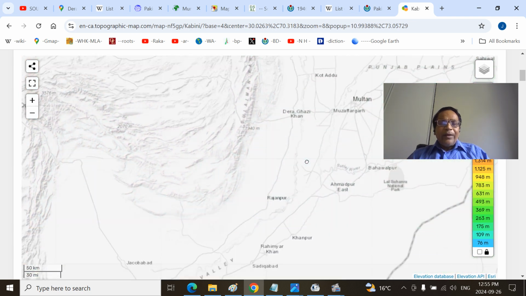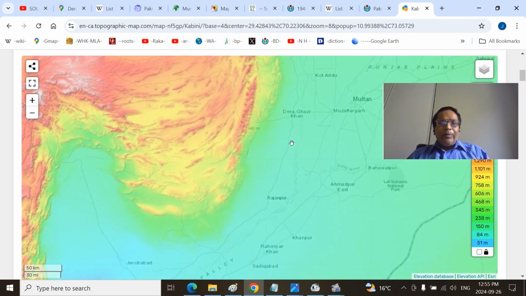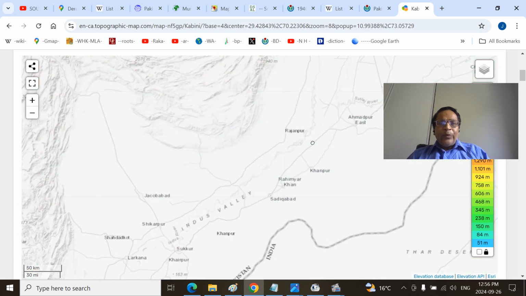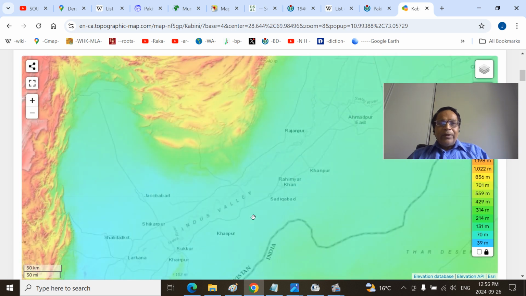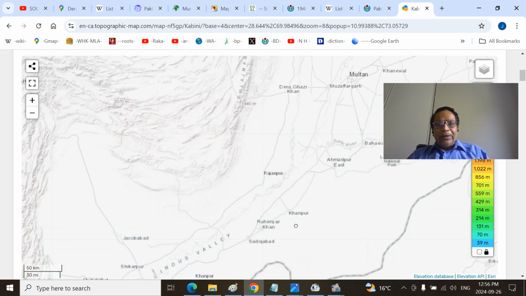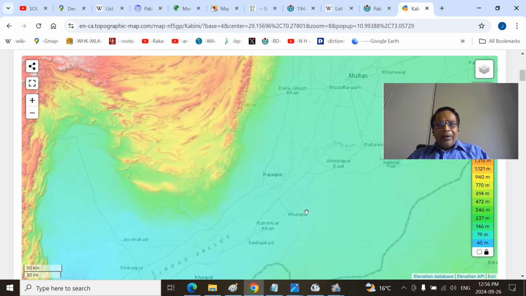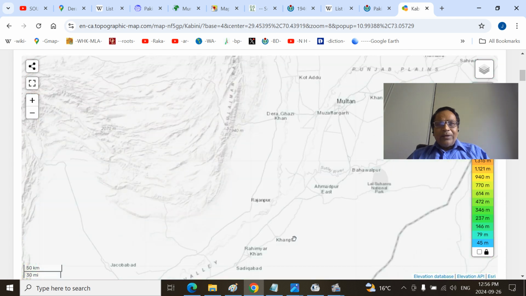And Multan, Muzaffargarh, Dera Ghazi Khan, Fort Munro here, and Rajanpur and Jampur will be somewhere here, Murree Hill Station and Harnai the Fort, and Rajanpur here, and the river enters into Kandhkot district or Ghotki district or Kashmore area, into the Sindh, upper Sindh province.